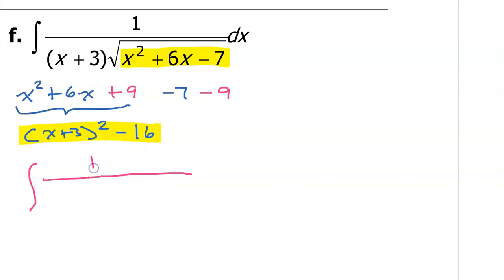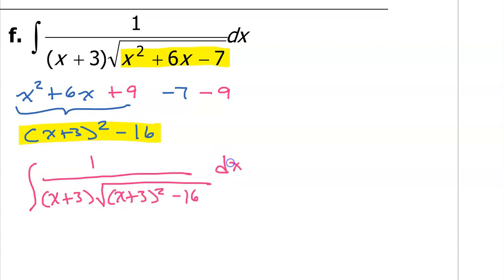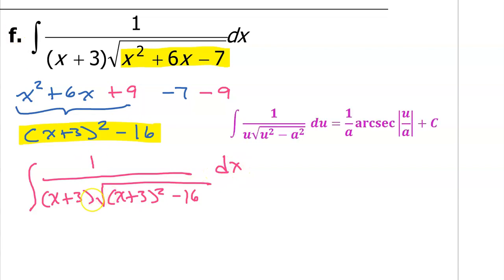So we have 1 over x plus 3, and then the square root of x plus 3 squared minus 16 dx. We notice that this integral matches the arc secant rule very nicely if u equals x plus 3, which means that u prime will equal 1, and also a will equal 4, because a is always the square root of this constant.